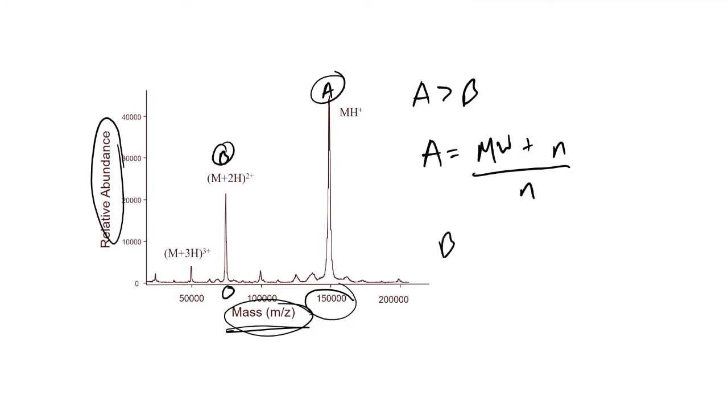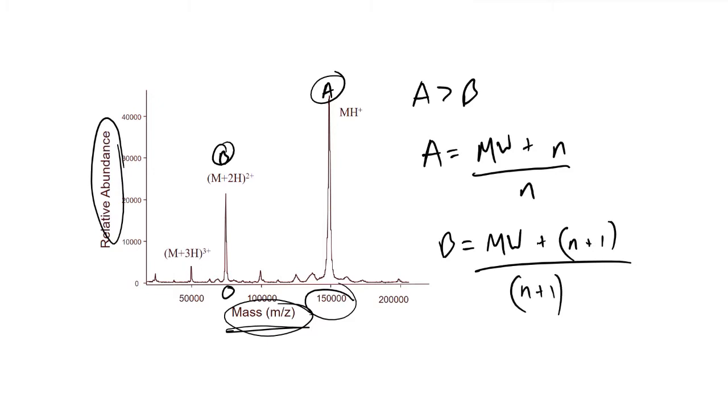And I'm going to let B be equal to the same molecular weight of our compound plus n plus 1, so it had an additional proton added to it. We don't know what n is, but we know it has an additional one because it's an adjacent peak. And we're going to divide this term by n plus 1.